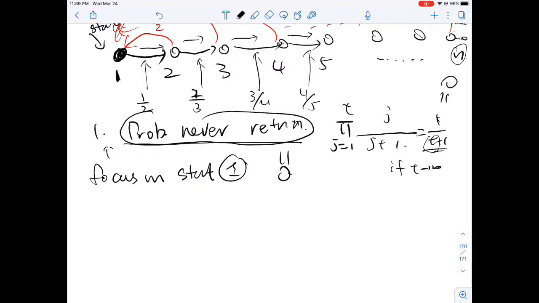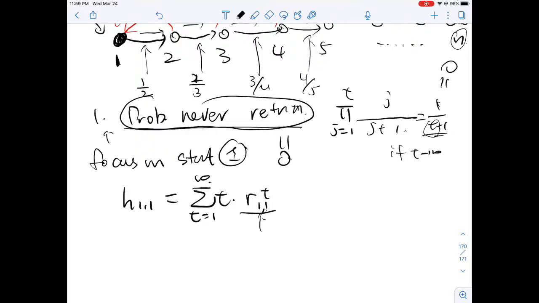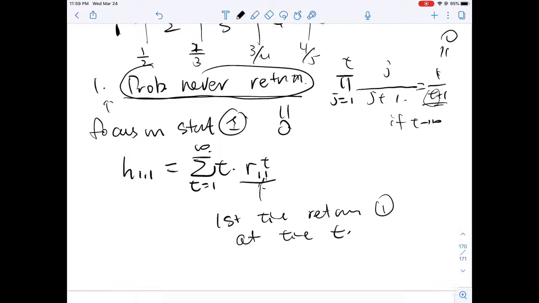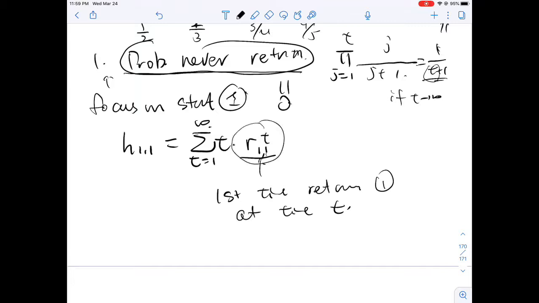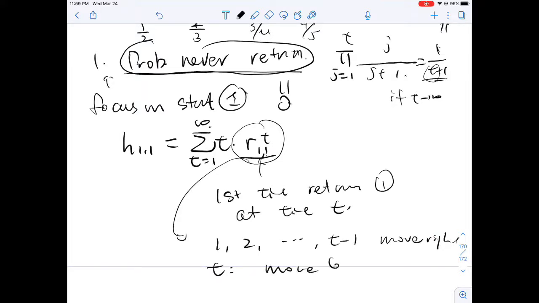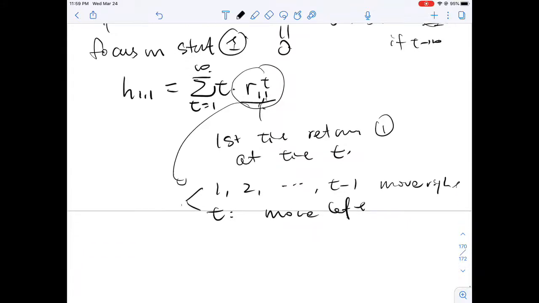Now we can also compute h_11. Let's use the definition: the sum for t equal to 1 to infinity of t times r_11(t). Here r_11(t) is the probability that the first return back to 1 happens at time t. That means this event happens only if from time 1 all the way down to t minus 1, it moved to the right, and at time t, it moved left.